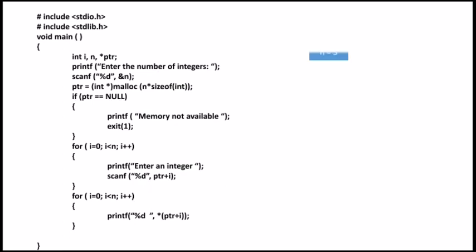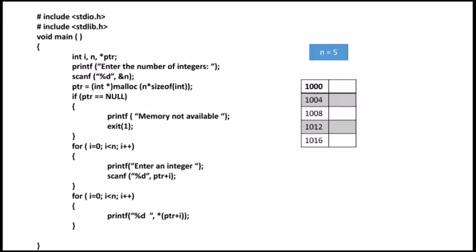So now we will take one example. Suppose we have entered the value of n as 5, and then by using the malloc function we are trying to allocate the memory. Suppose the memory is allocated, that means 5 blocks will be allocated for this, and suppose the size of an integer is 4, that means starting from 1000 till 1016 this memory block will be allocated.